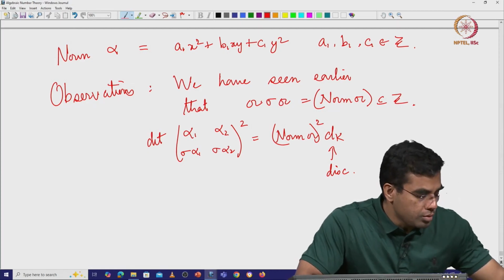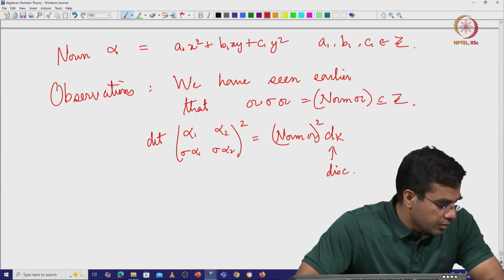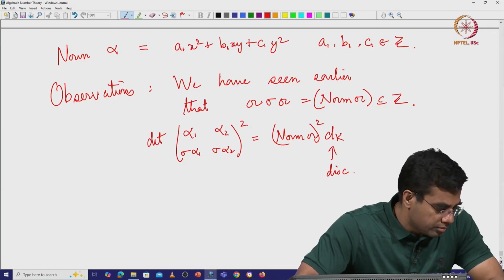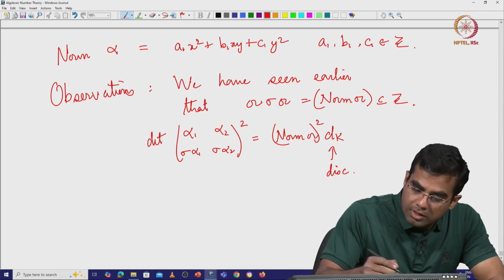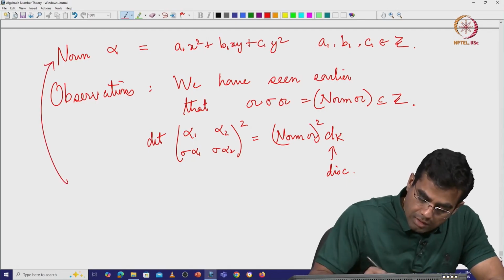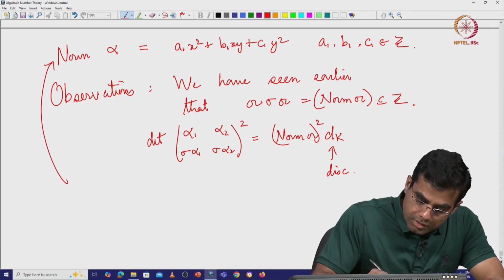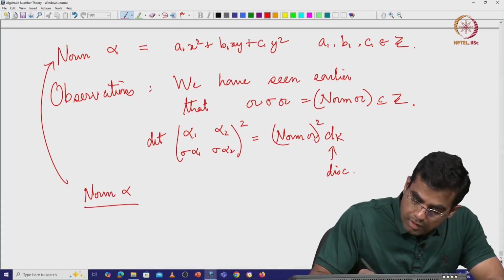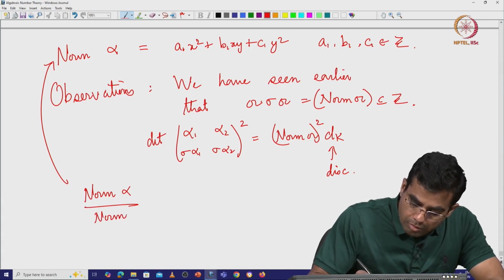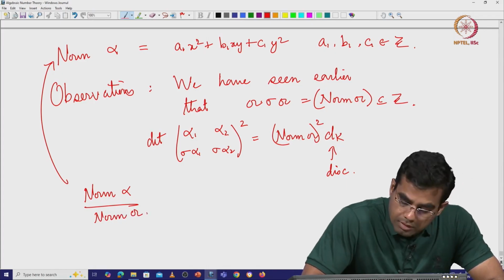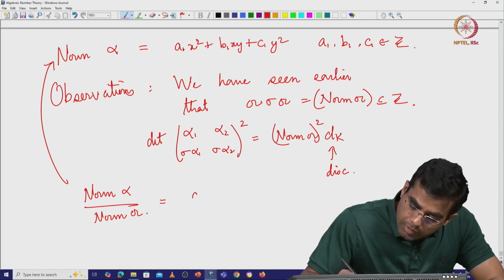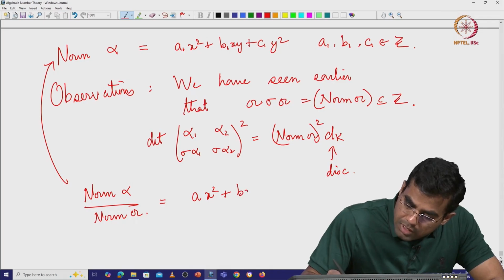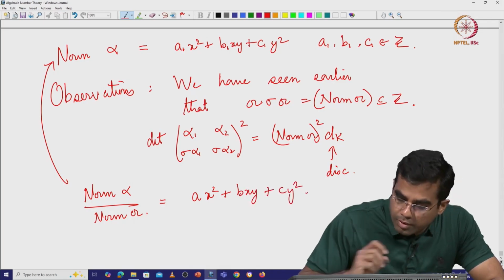Okay. So, what I am going to do next is the following. Instead of considering this, I am going to consider the norm of alpha divided by the norm of A. This will give me a x squared plus b x y plus c y squared.